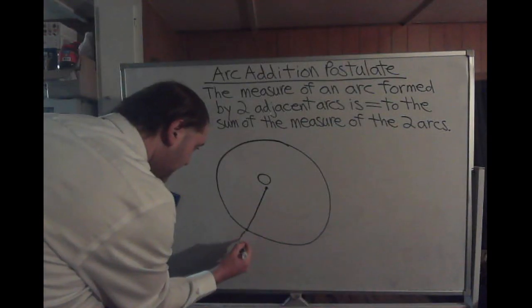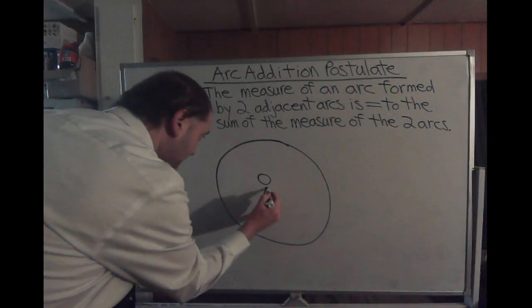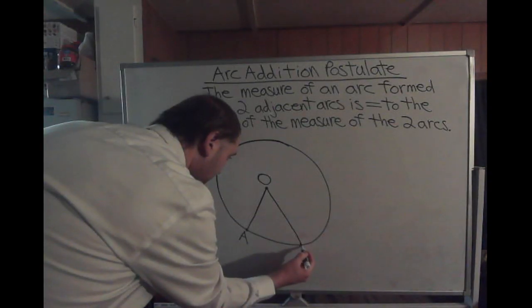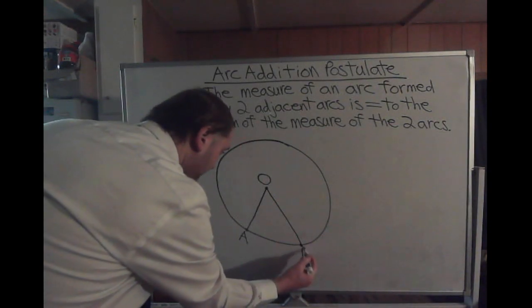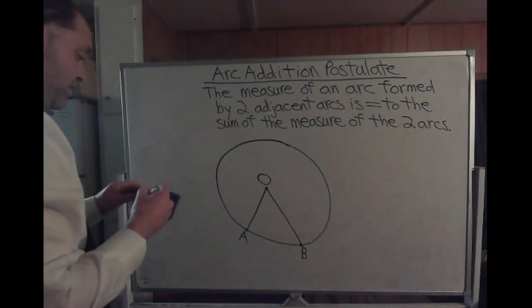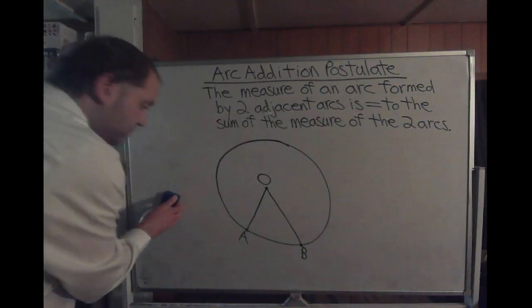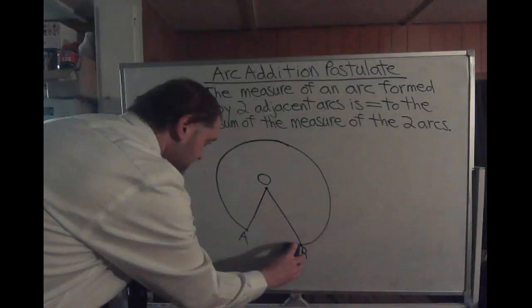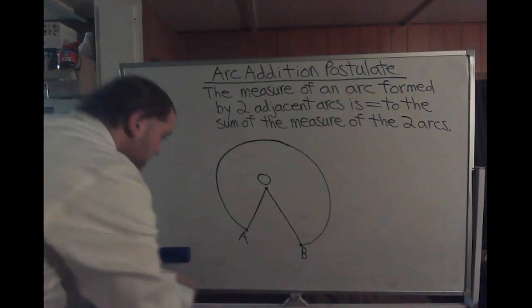This will be point A. This will be point B. And for that arc, I'm going to choose a different color to denote what we're talking about.